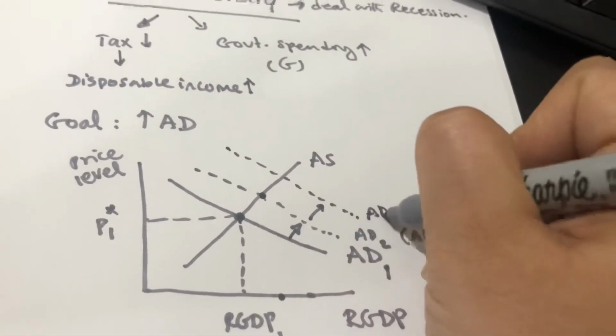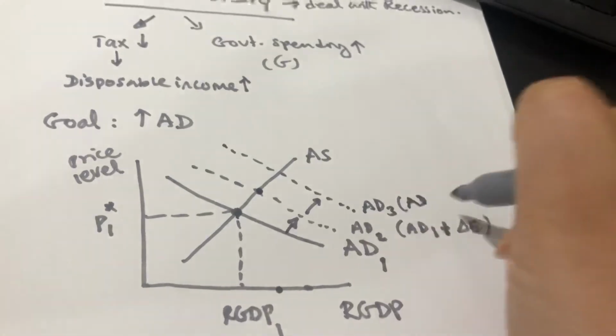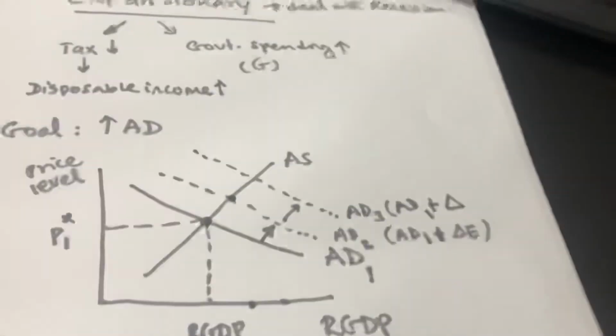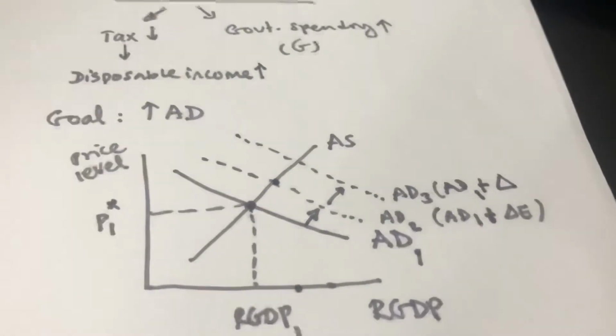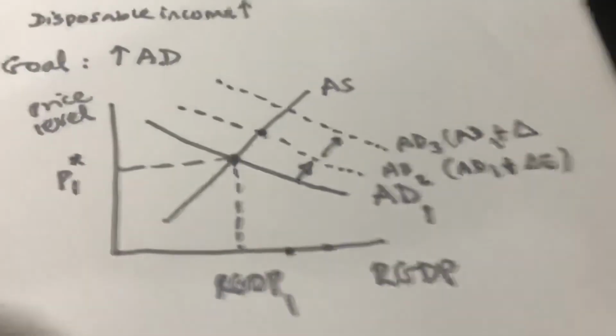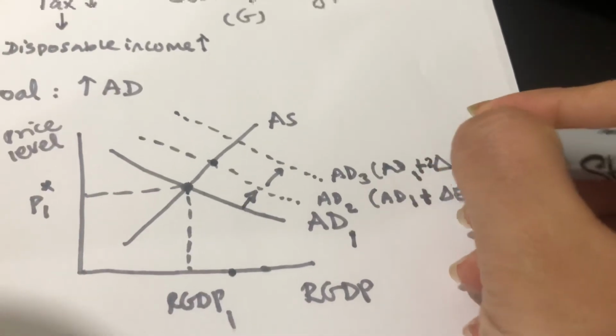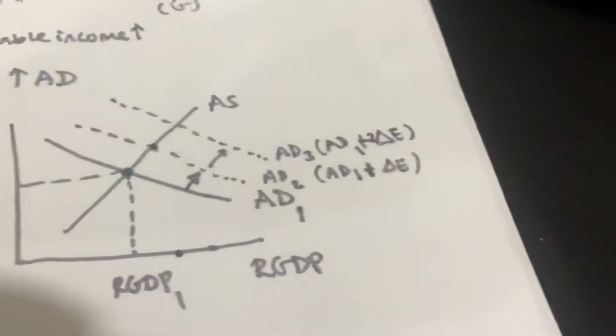So we have another aggregate demand, or you can say this is our aggregate demand 1 plus another change in aggregate demand.